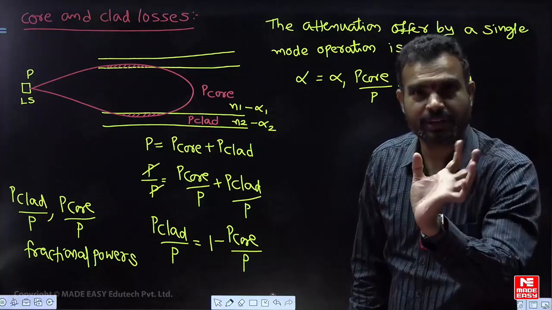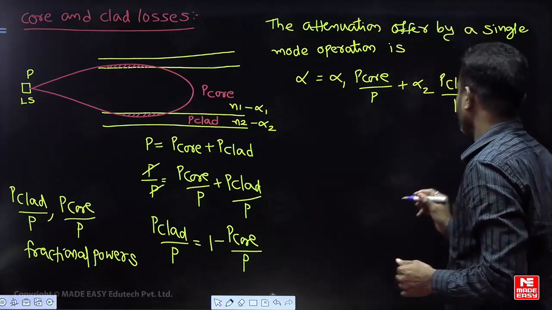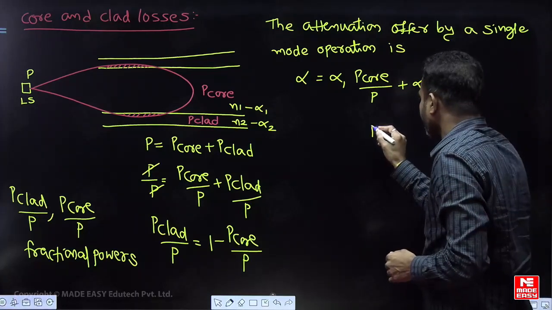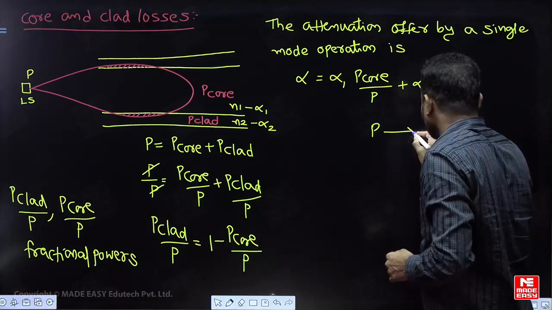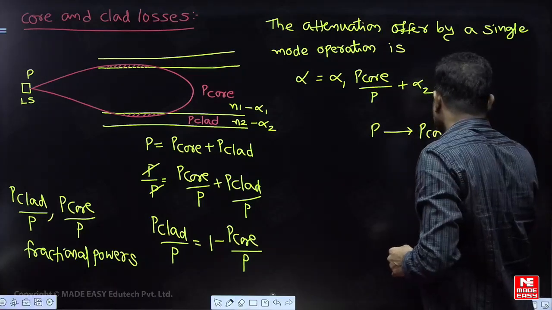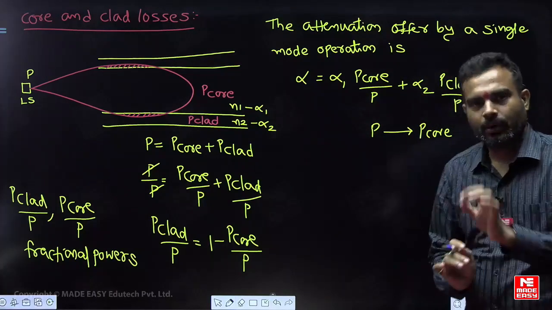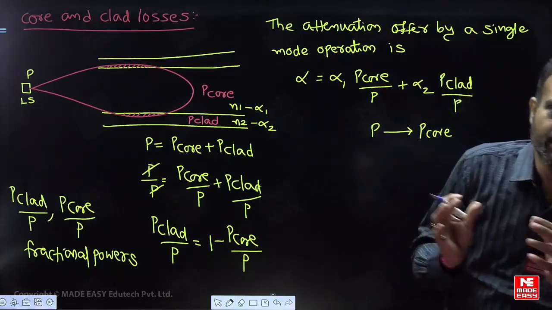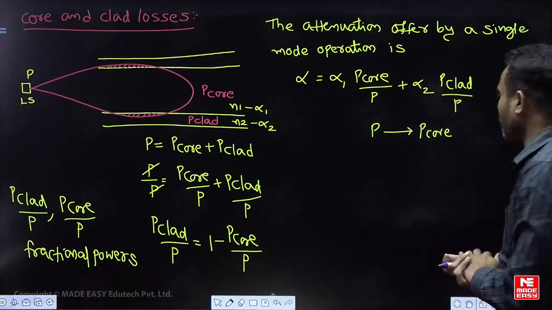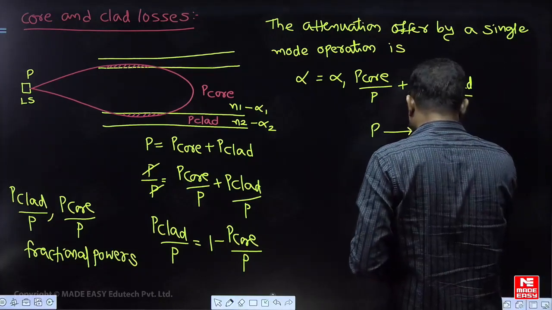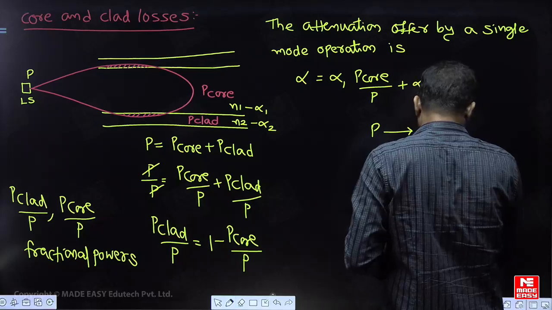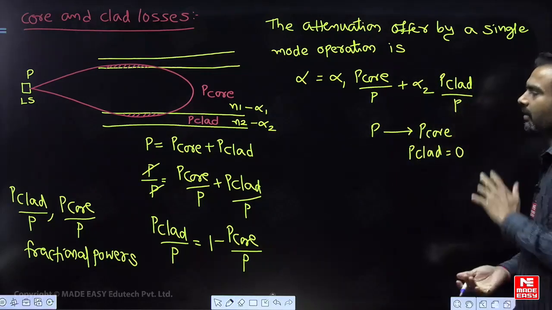Whatever power I am sending, entire power goes into the core only. Then obviously P clad is equal to 0, because there is no power in the clad.